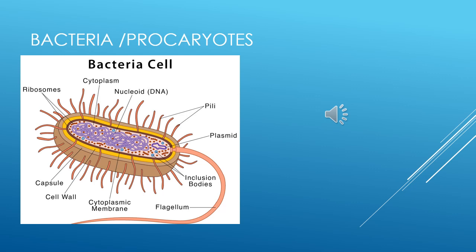If you compare the standard drawing here of a bacteria cell to our animals and plants, you can see there's something missing. And what's really missing is mainly that we don't have any cell core. We have no nucleus, we have no mitochondria, we have no chloroplast, we have no permanent vacuole.